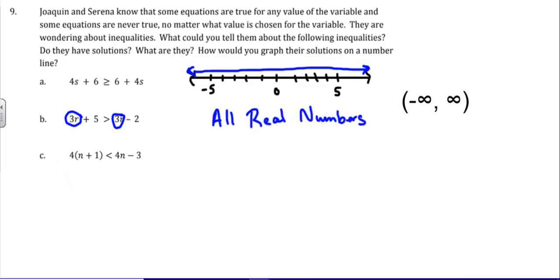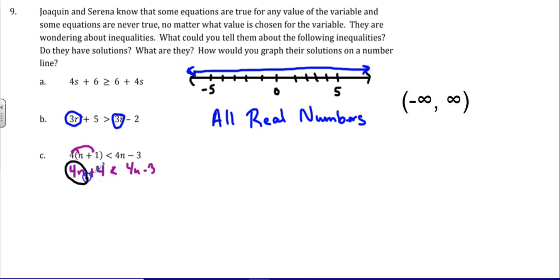Now let's take a look at C. For C here, we have 4 times this quantity, n plus 1, is less than 4n minus 3. The distributive property needs to happen here so we can better compare these values. So it's 4n plus 4 being less than 4n minus 3. Well, that can never happen.